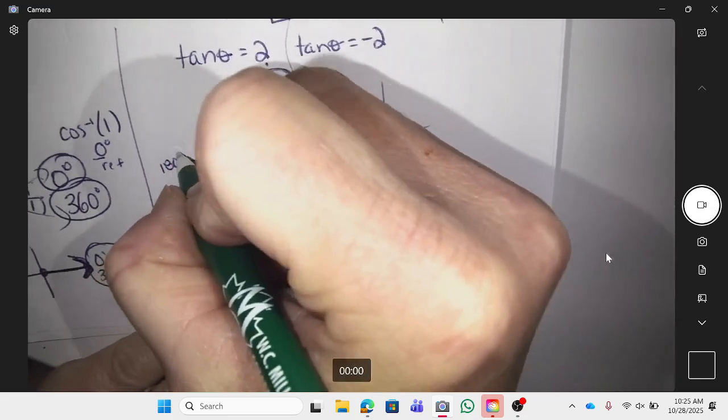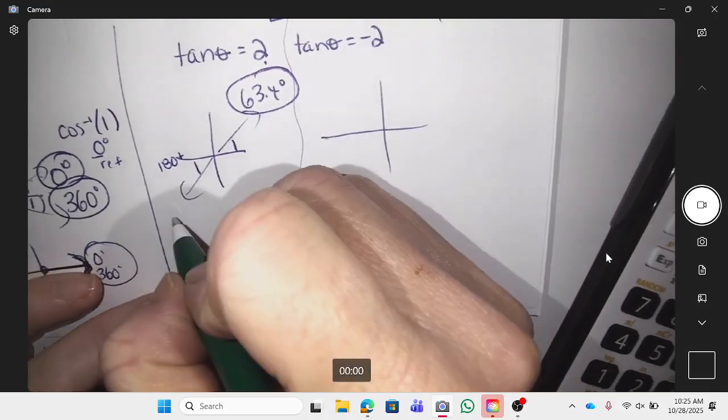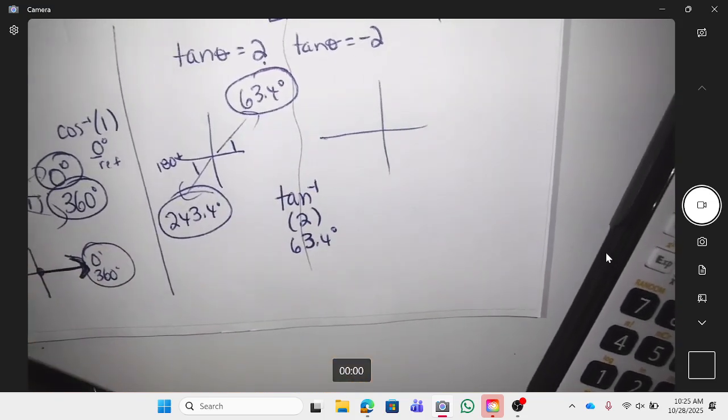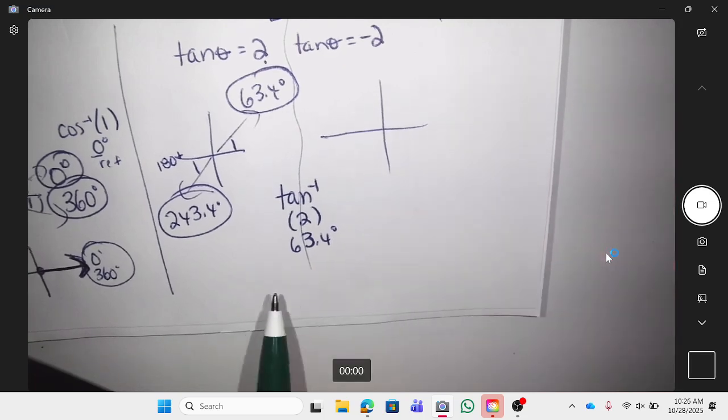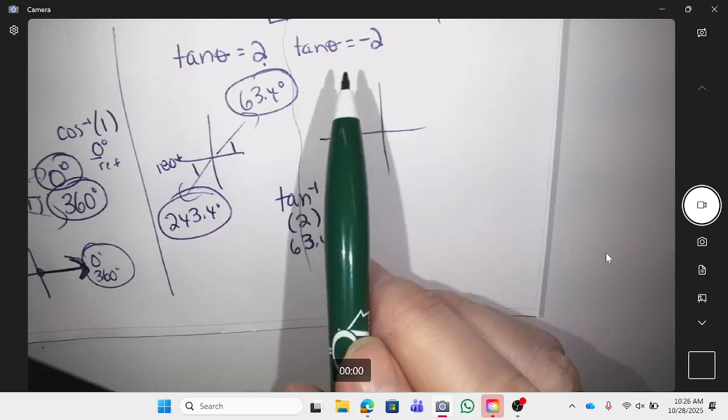This one is past 180, so I'm going to add 180, right? Okay, when I jump to the other stream here, I'm still going to be using this 63.4 because it's still the reference, okay? Because 2, negative 2, right?